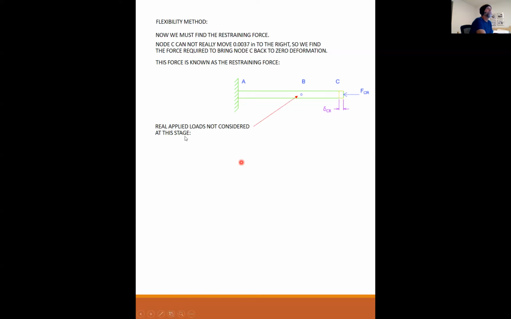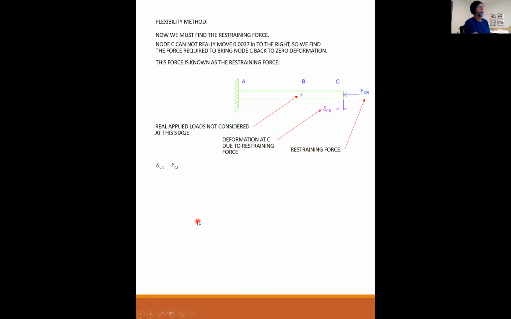At this stage, we do not consider the loads that we applied on here. Those were already considered when we released the rod. Now we're just looking at how much force does it take to squeeze the rod back to where it started from. Okay, so no 6 kips at this stage. This is deformation at C, and then the R stands for the restraining force. And this is my restraining force, FCR.